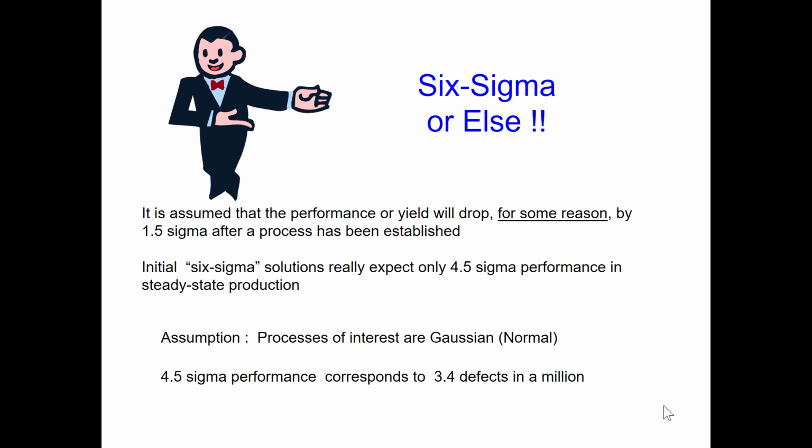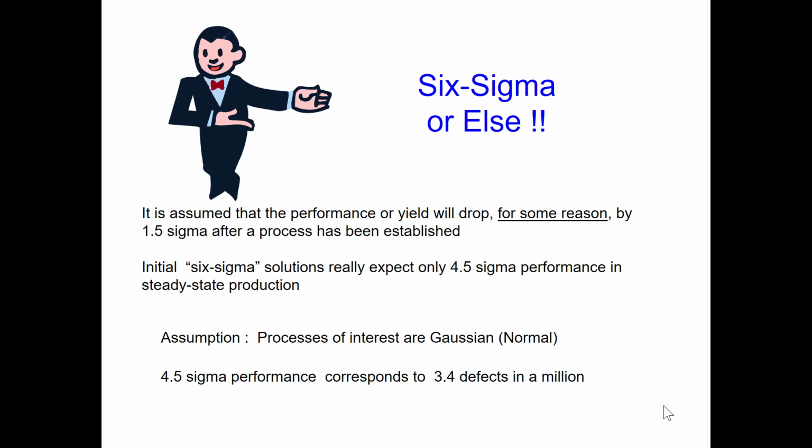Now, when the concept was initially introduced, it was assumed that performance or yield would drop for some reason after you get the manufacturing process going, by about 1.5 sigma. This is really a weird assumption, because we're going to see where it came from in a bit. In the semiconductor industry, if you get a certain defect density or yield today, you're going to expect the requirements to get more stringent a year from now.